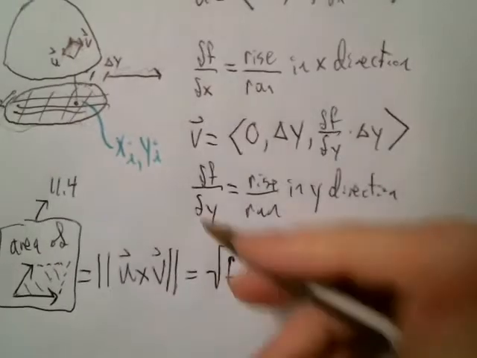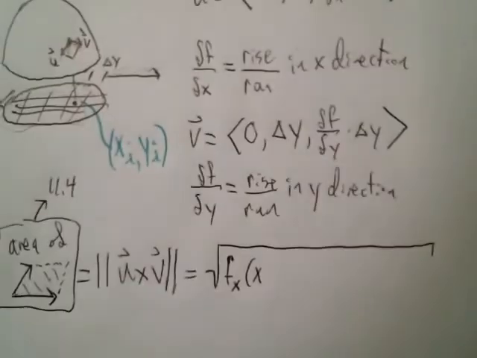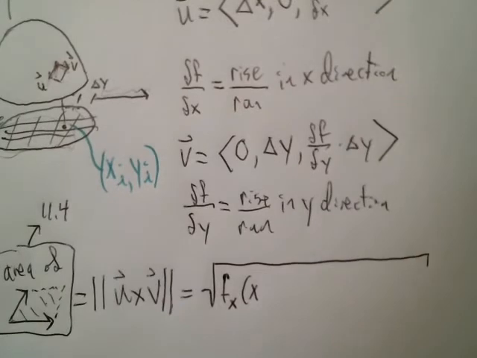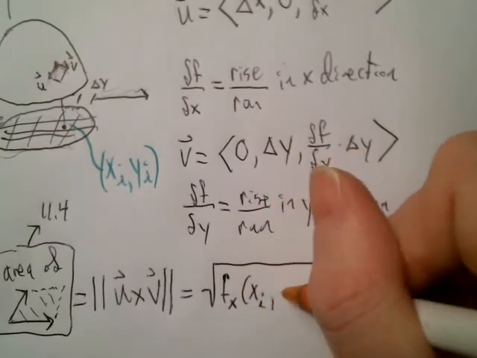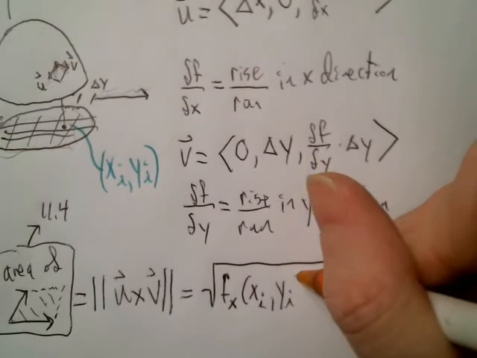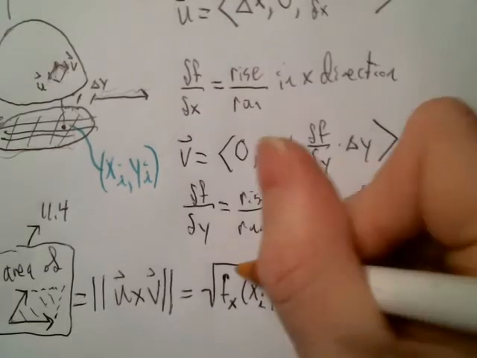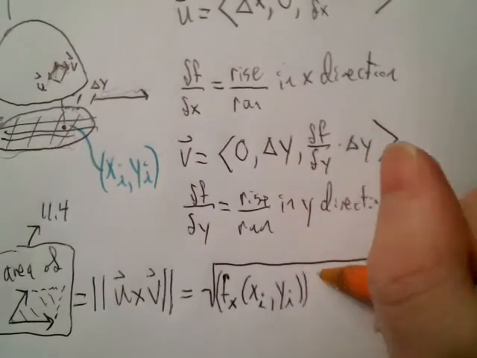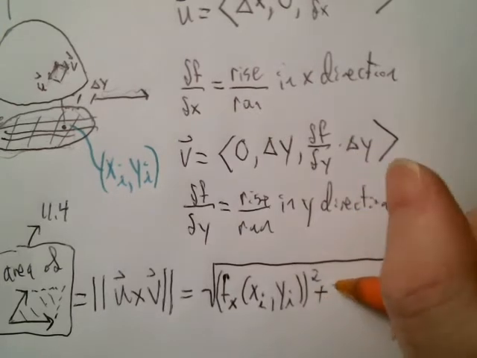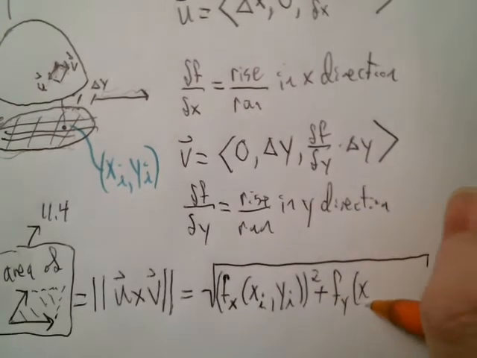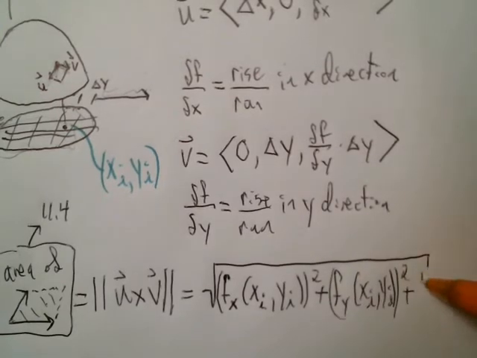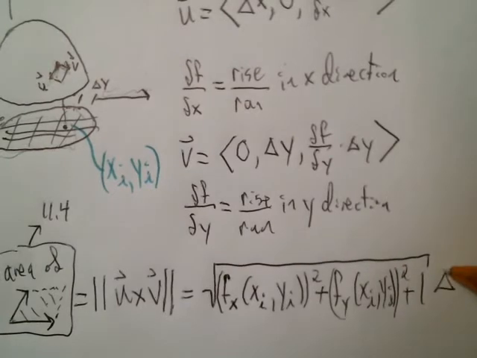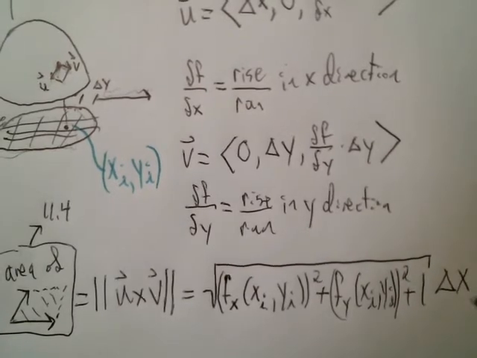Okay, so in this formula for this particular square given by these two vectors, if you were to go through and do this process, which you can try if you have nothing else to do, you'll end up with the partial derivative with respect to x at that point squared, plus the partial derivative with respect to y at that point squared, plus 1, and then times change in x sub i, change in y sub i.